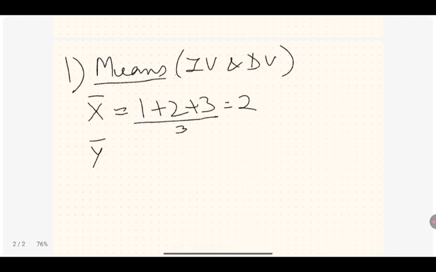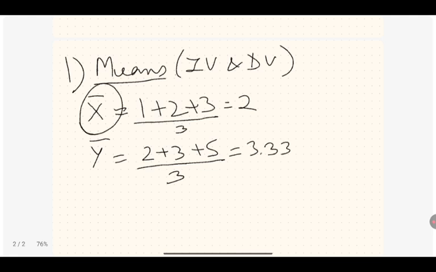For the dependent variable, the mean is 2 plus 3 plus 5, remember these are the marks secured by 3 students, divided by 3, and we get 3.33. So we got the means of the independent and dependent variables.